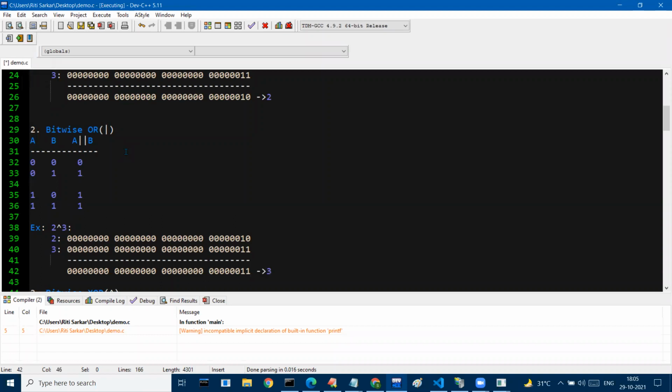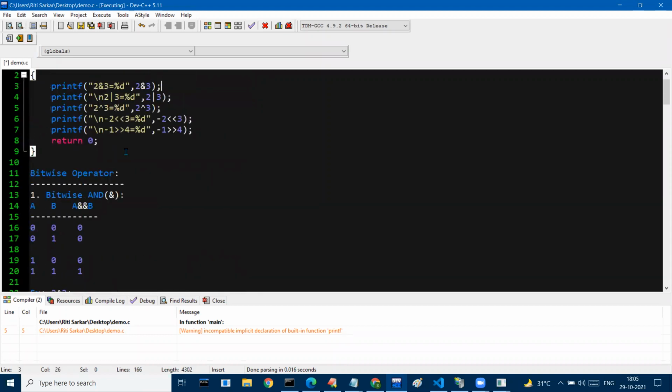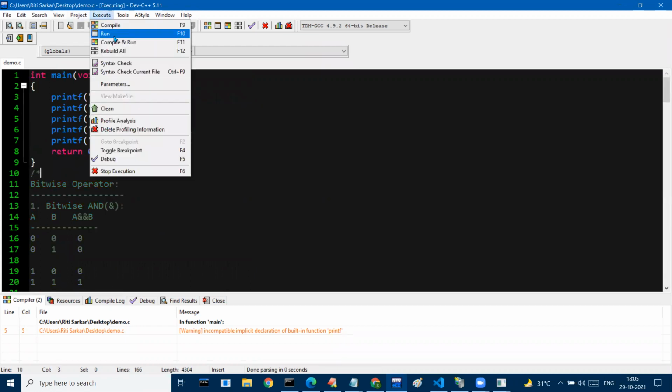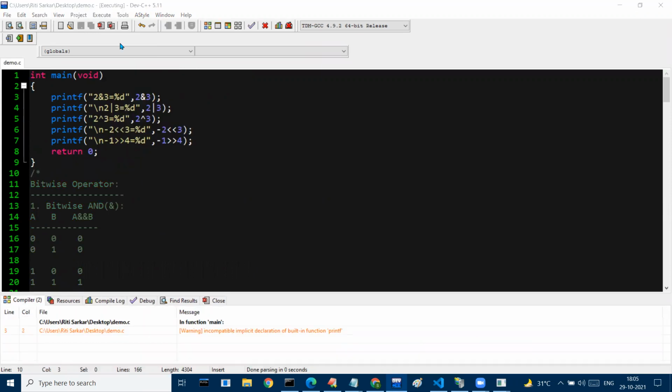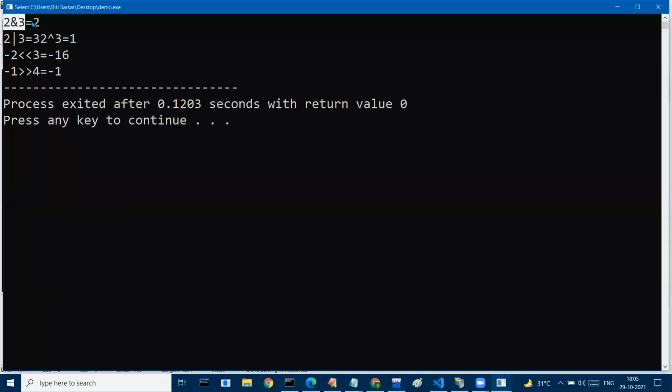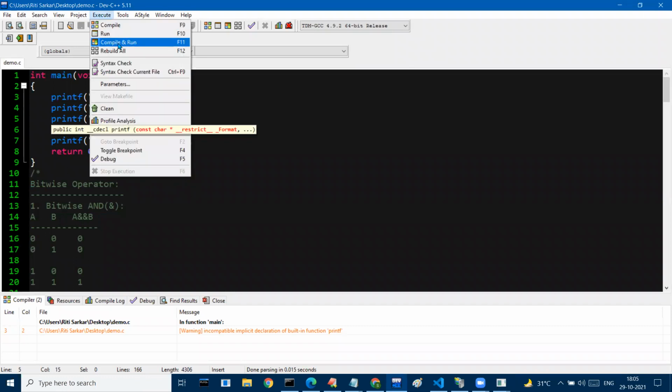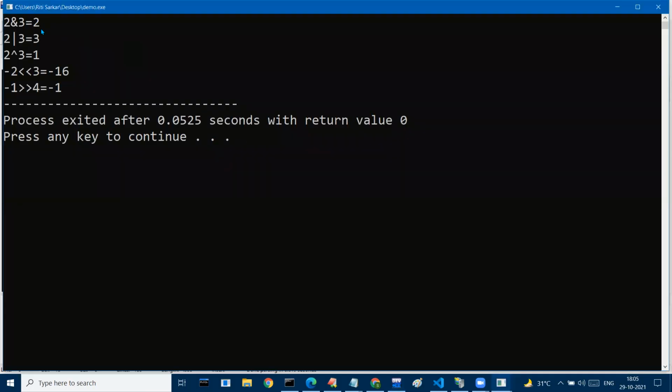What is the answer? 3. Let's see. First one is 2, next one is 3. Here a newline is needed. Execute, compile and run. 2, 3, 1, minus 16, minus 1.